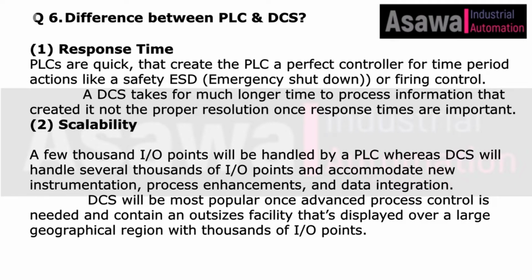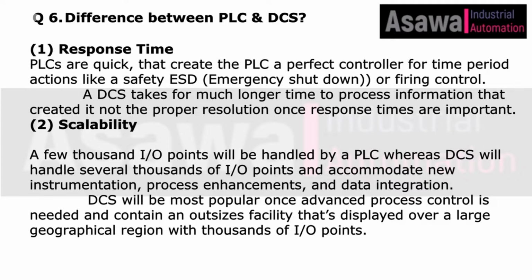2. Scalability. A few thousand I/O points will be handled by a PLC whereas a DCS will handle several thousands of I/O points and accommodate new instrumentation, process enhancements, and data integration.